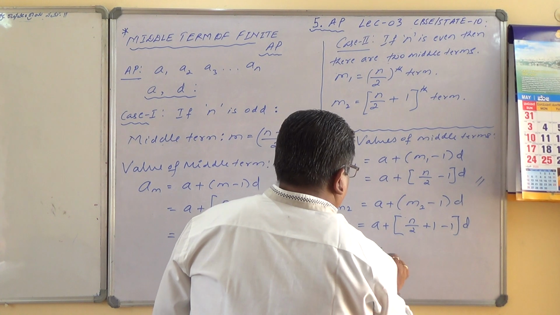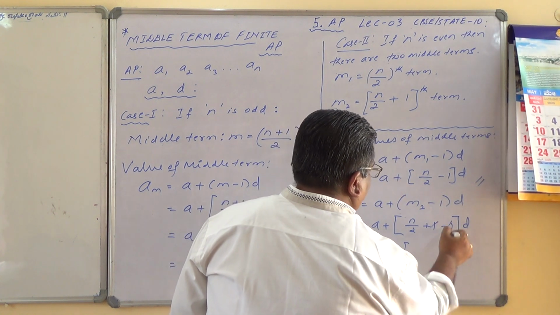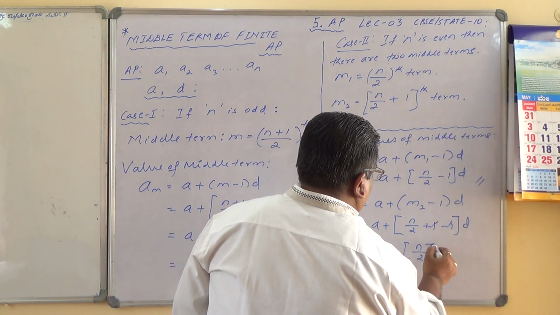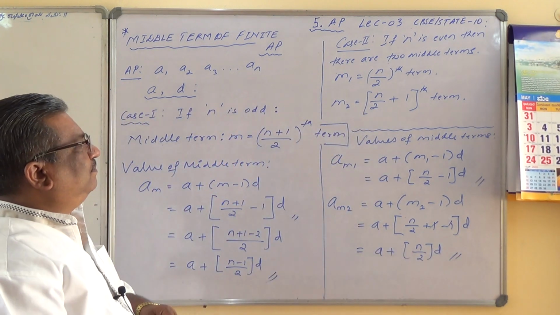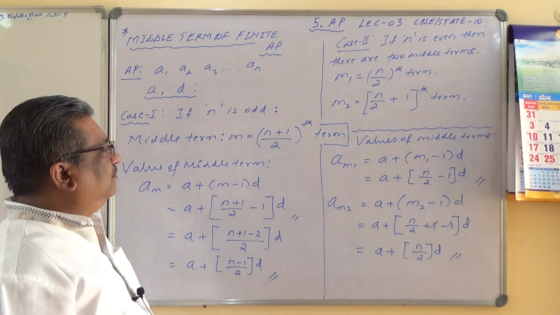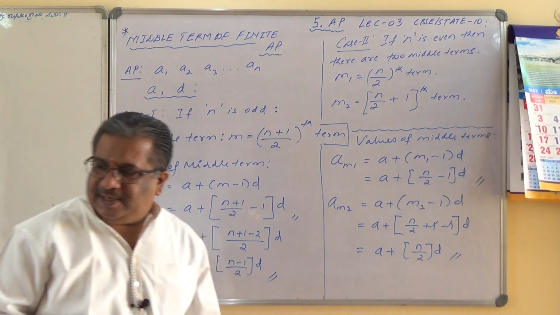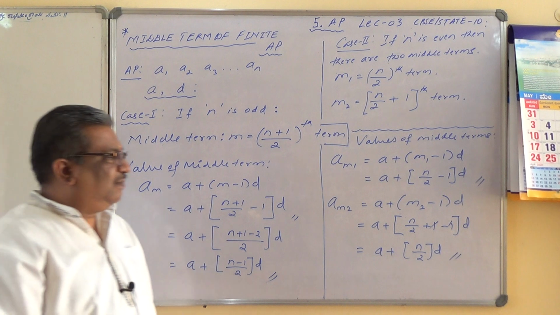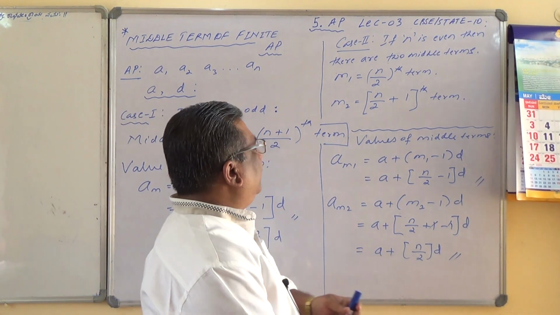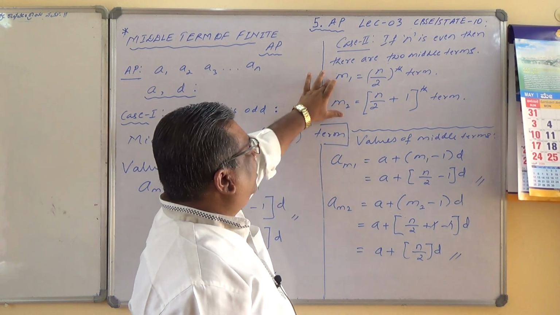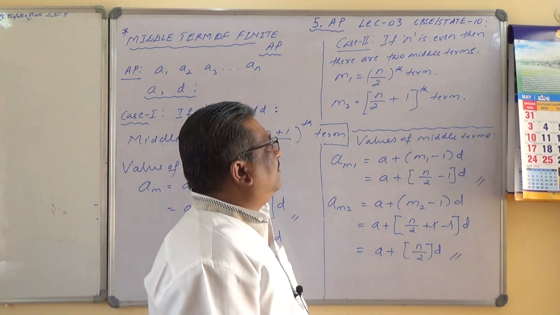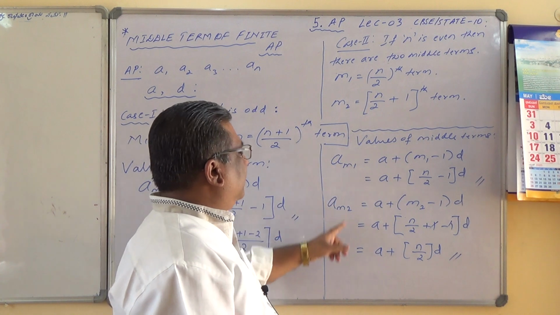So here the plus 1 and minus 1 cancel, and we get a plus n by 2 times d. Let me check this. Yes, a plus n by 2 d. There are two values of the middle terms, a_m1 and a_m2. m1 and m2 are the respective terms, and the values of the terms are given by this.